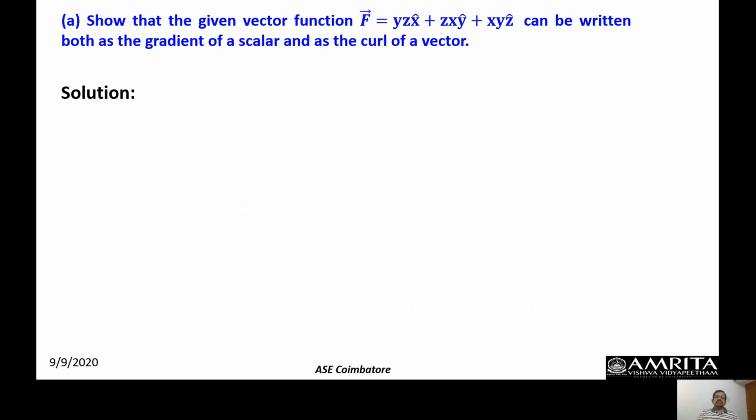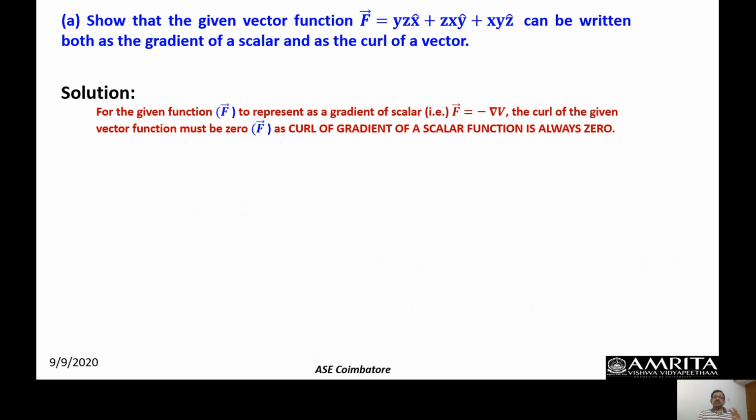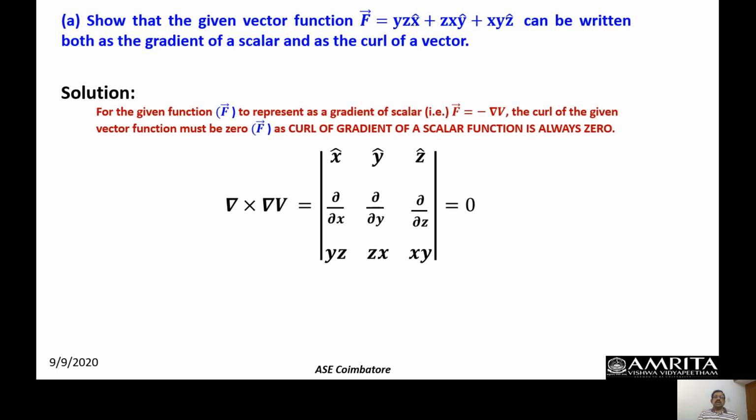So indeed that is the case. So we can actually see that you can substitute for this gradient on this vector function. Okay.